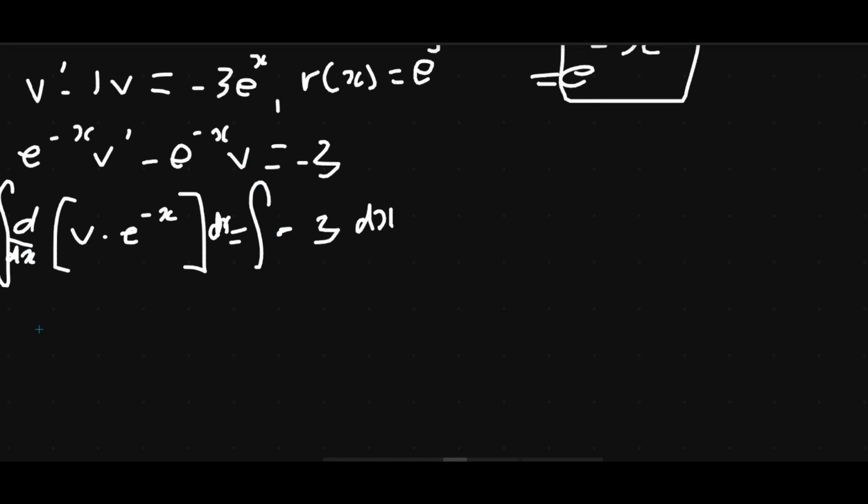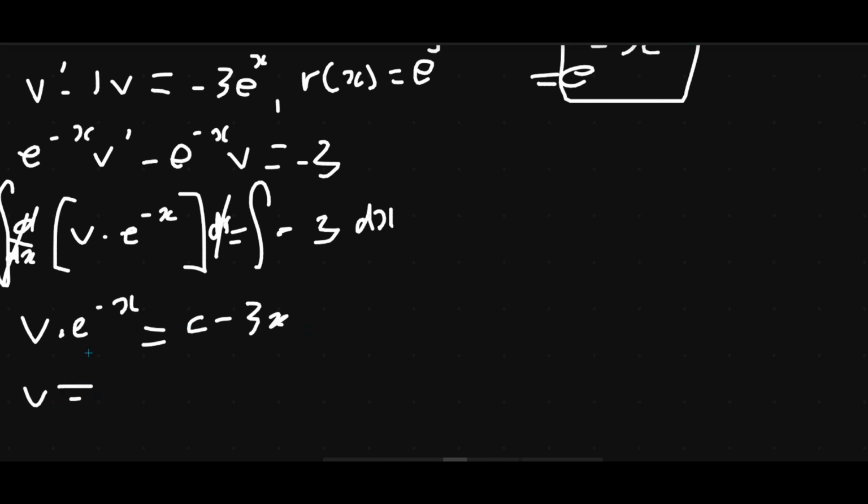And now we're going to get some nice cancellation here. We get that v times e to the minus x equals negative 3x plus c. So let's write this as c minus 3x, just because it's a bit nicer.